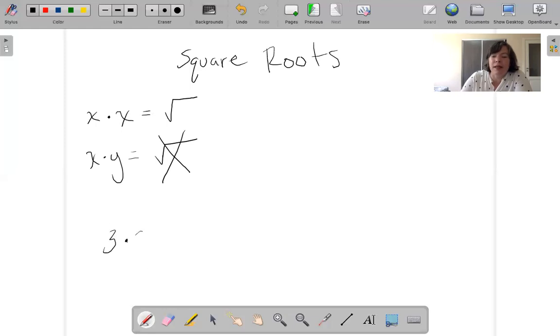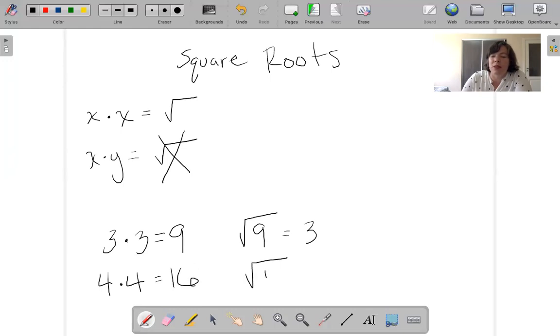3 times 3 equals 9. That means the square root of 9 equals 3. 4 times 4 equals 16.